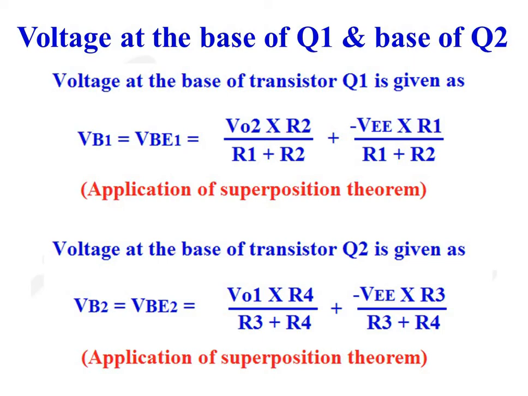Similarly, we can write voltage at the base of transistor Q2, VB2 equal to VBE2 equal to V01 into R4 divided by R3 plus R4, plus minus VEE into R3 divided by R3 plus R4. Again, application of superposition theorem.